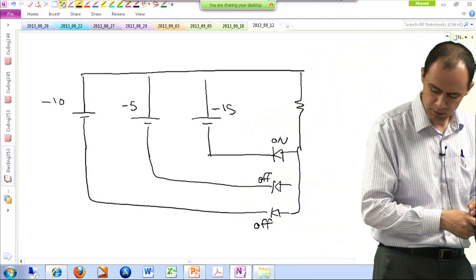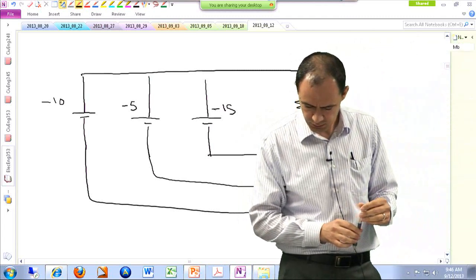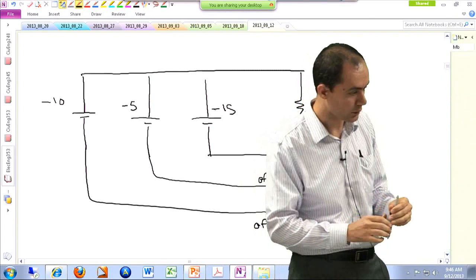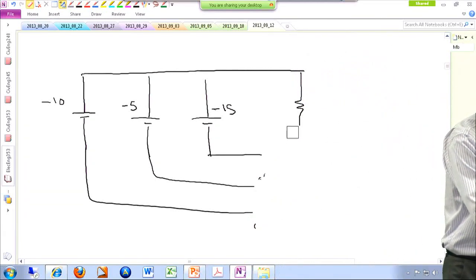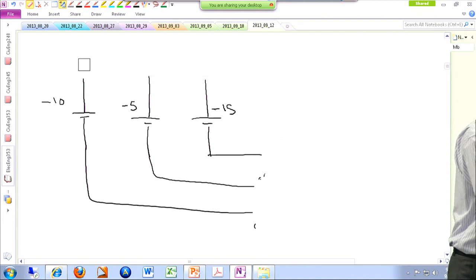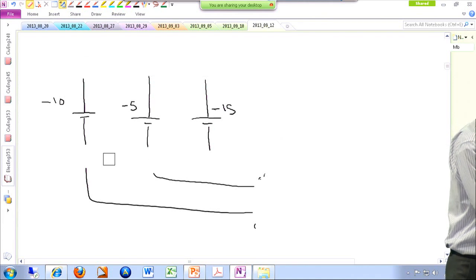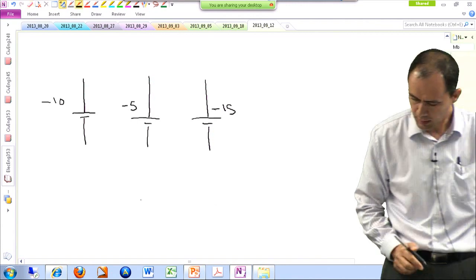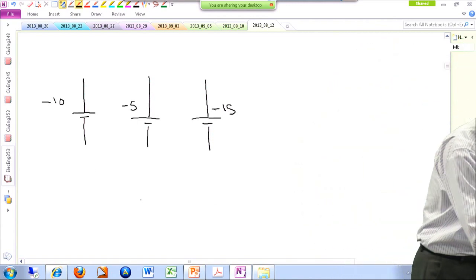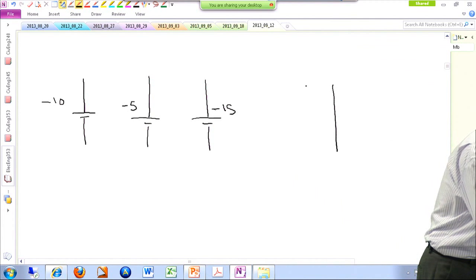Okay. Or maybe I think I wrote this in a wrong way. Let me redraw this circuit one more time. Okay, sorry. I think this is not the right way of presenting this. So we still have 3 sources. And then we have 3 diodes. Let me just do it this way.